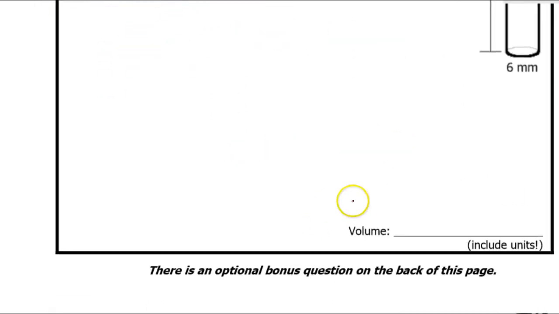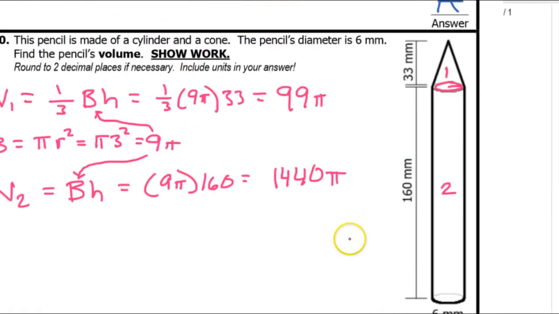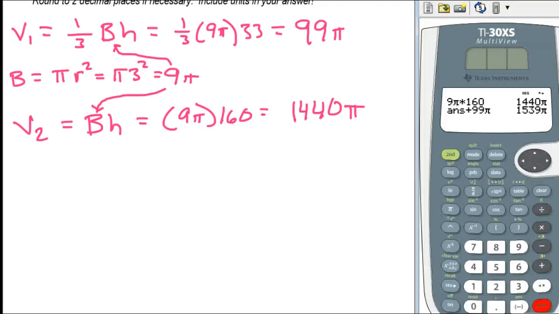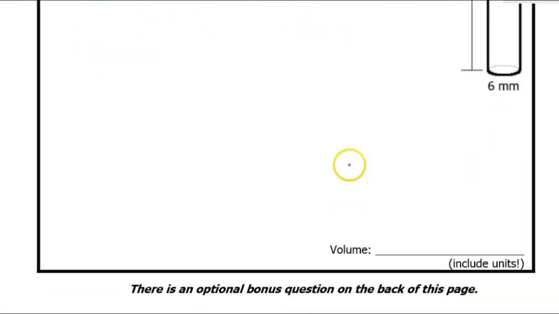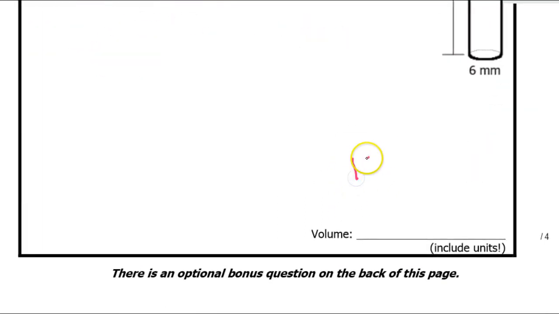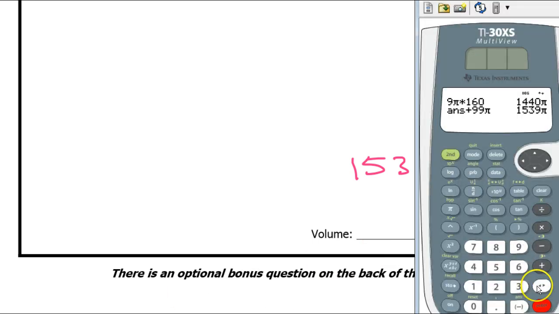Did they ask me for the exact? I'll write both answers down. That gives 1,539 pi cubic millimeters, or in decimal form, that's 4,834.91.